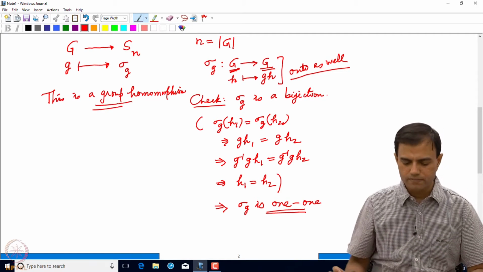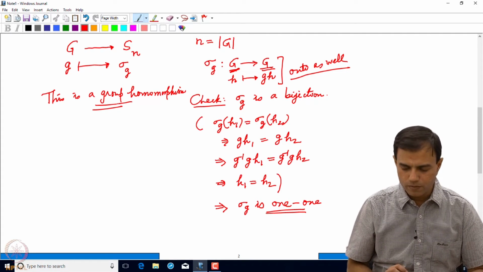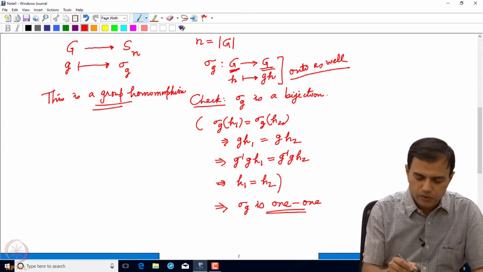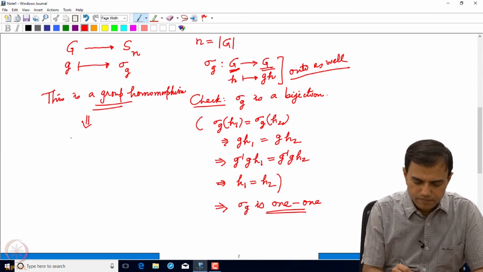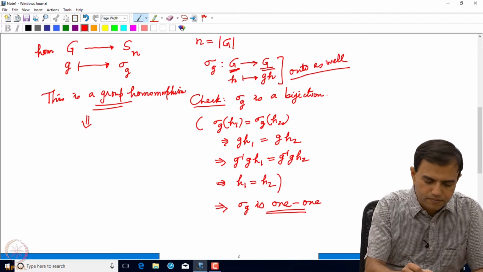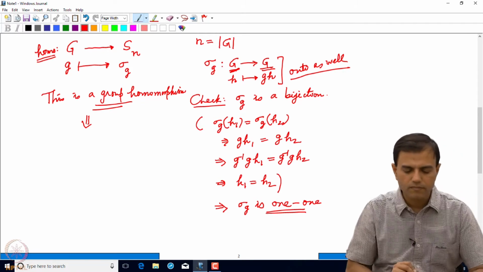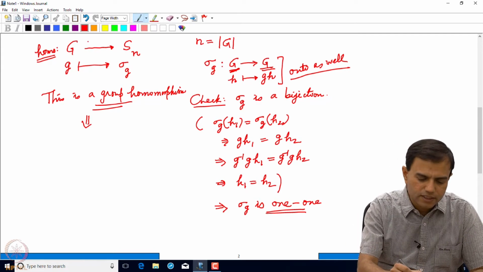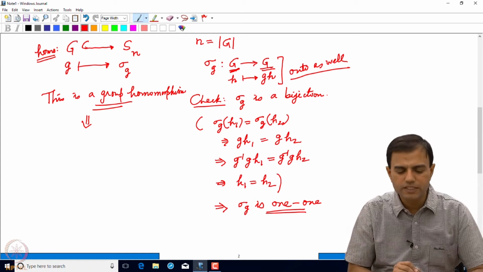This kind of assignment is a group homomorphism, not very difficult to see. Therefore this is a homomorphism, and I claim that this is an injection. So why should it be an injection?